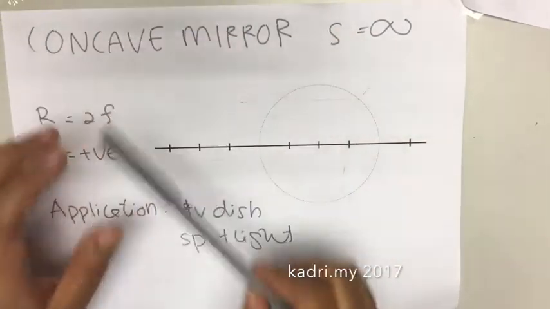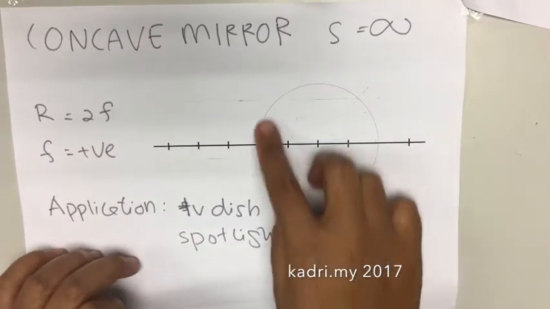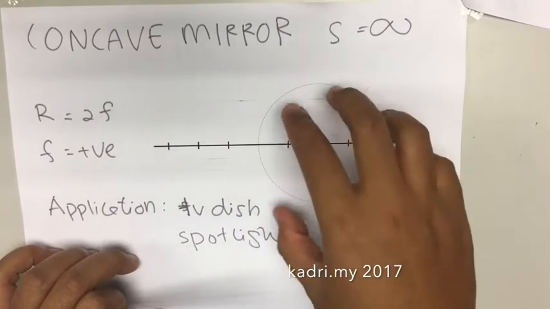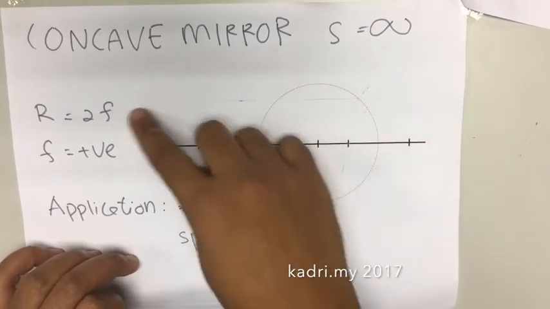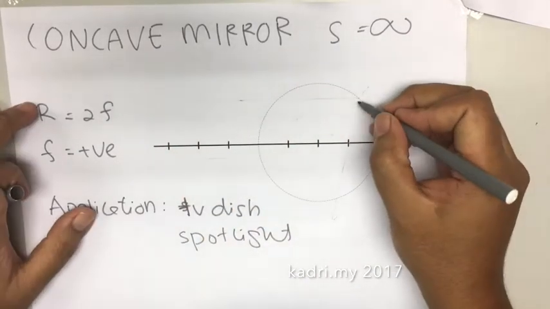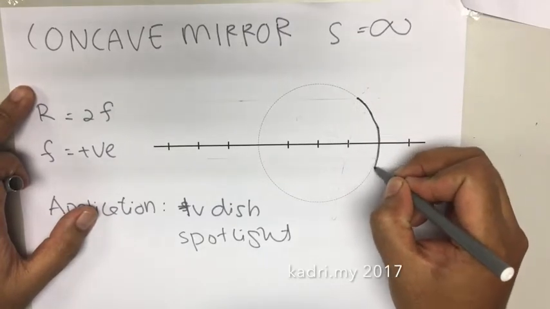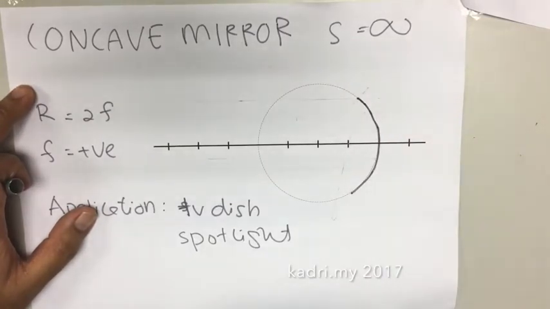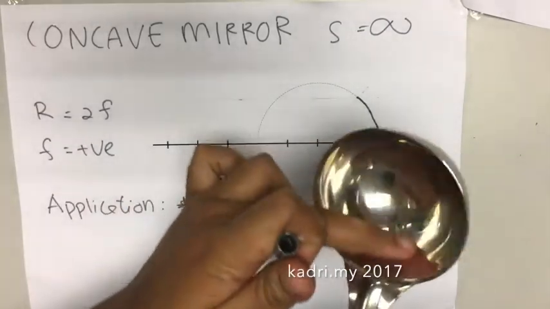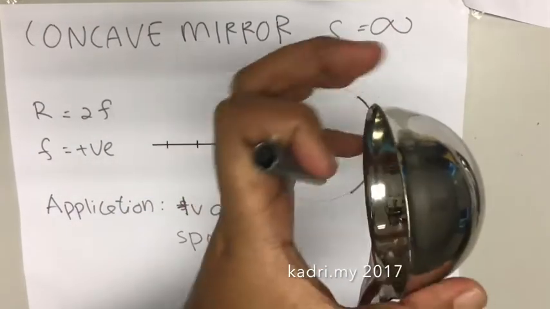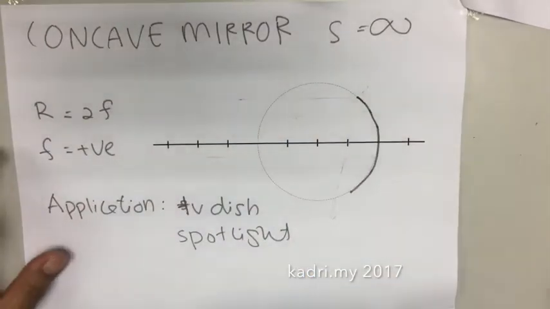So this is a spherical object, for example, a reflecting surface. For a concave mirror, we take a part of a sphere, and this will form a concave mirror, like this. So this is the concave mirror, the inner part. It is a part of a spherical ball.